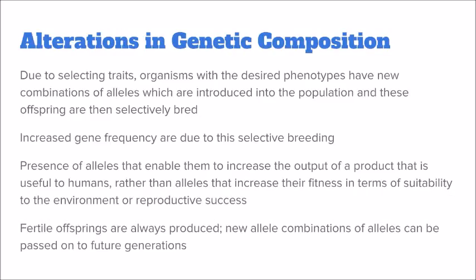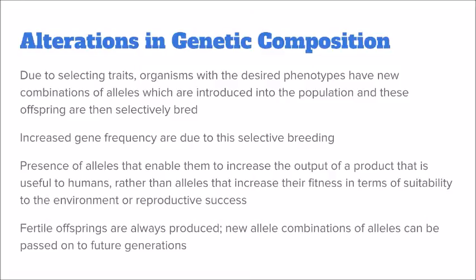If you look at alterations that occur within the genetic composition of the population, there is an increase in the gene frequency of the selected traits, so organisms that have the desired phenotypes, because of the selective breeding. Usually there's an increase in the presence of those alleles because that product is useful to humans.